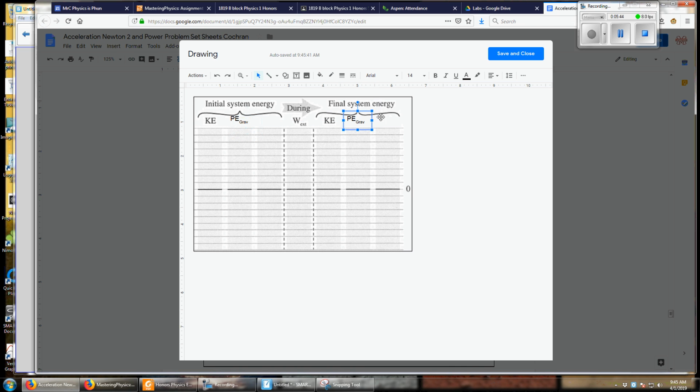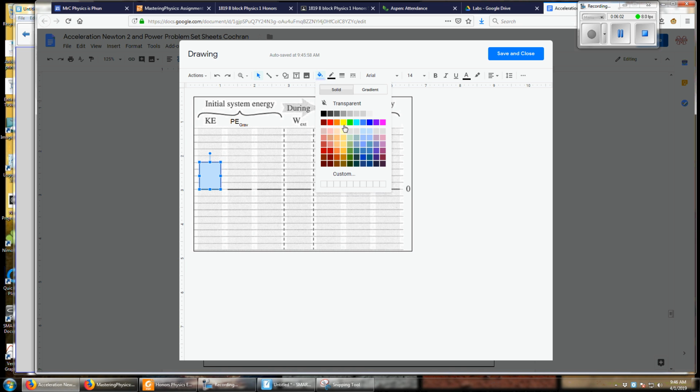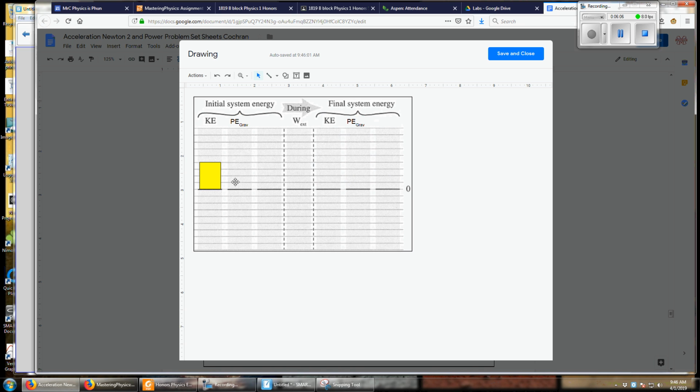Here we go. Now, at the bottom, the fly is moving. Let's give it some kinetic energy. Make that look better. And I'm going to call its PE grav at the bottom 0. Is that okay? Can I do that?